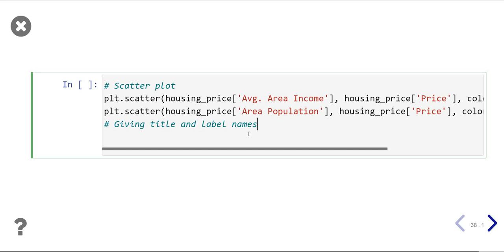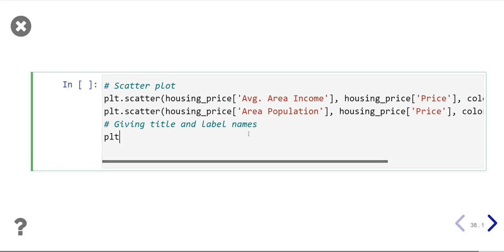Then we give the plot title. This is average area income versus price.